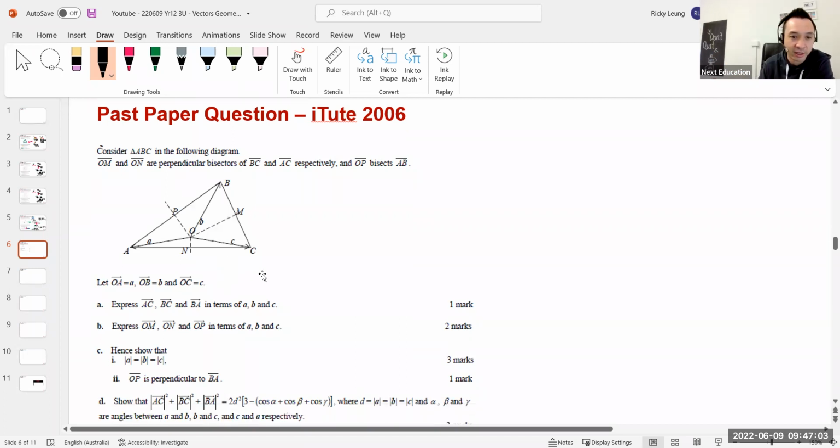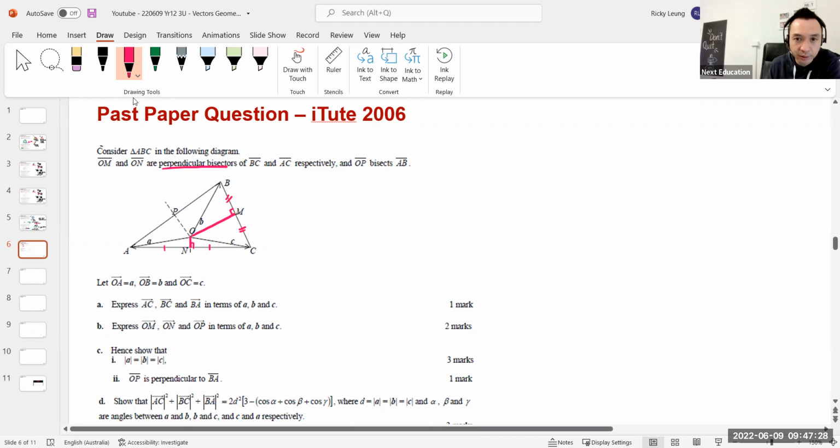OM and ON, where are they? They are here and here, respectively, perpendicular bisectors. So they're right angled and they bisect. Cool.